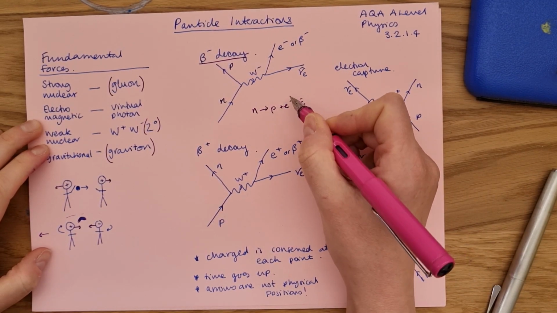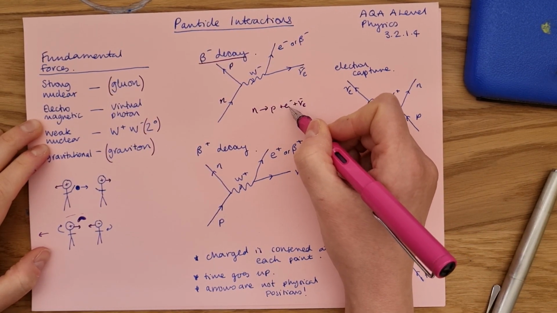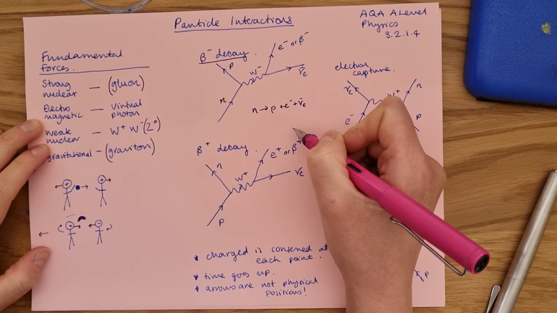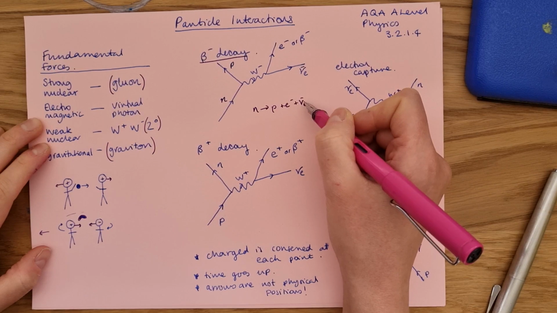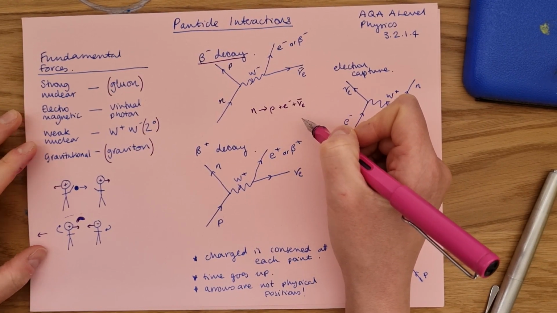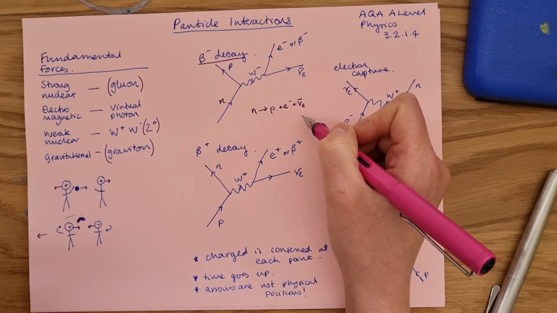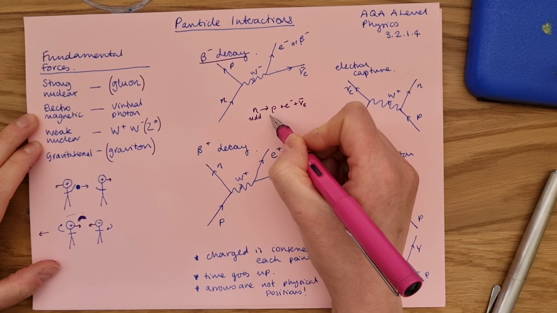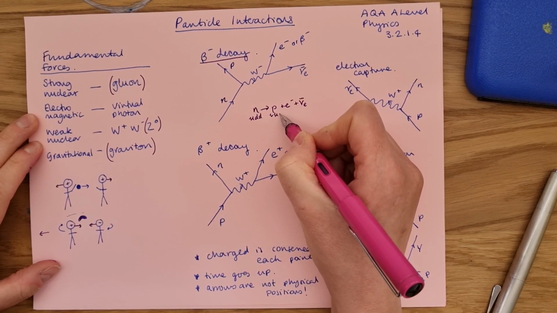We know about this because the electron was produced with a range of kinetic energies, implying conservation of energy was violated. So another particle must be produced, an anti-electron neutrino, because of conservation of lepton number within this reaction. Now, a neutron is actually up, down, down quarks, and a proton is up, up, down quarks.